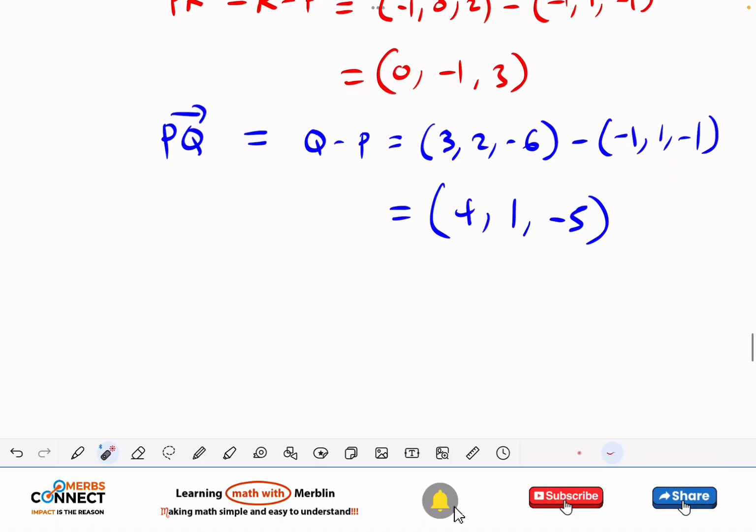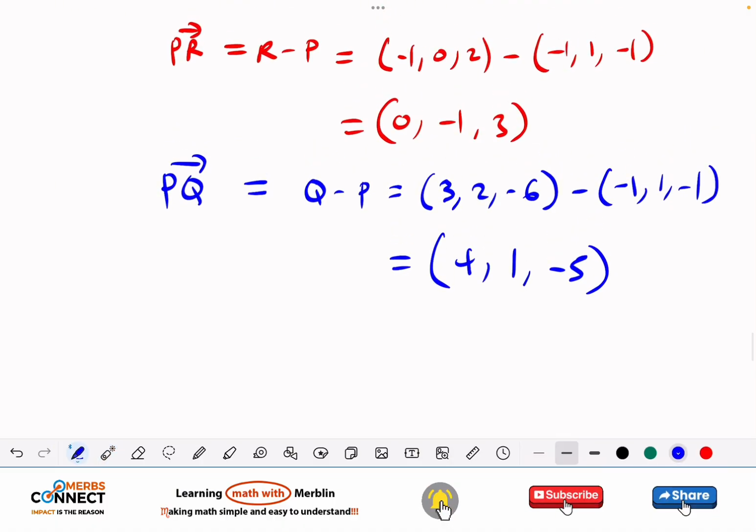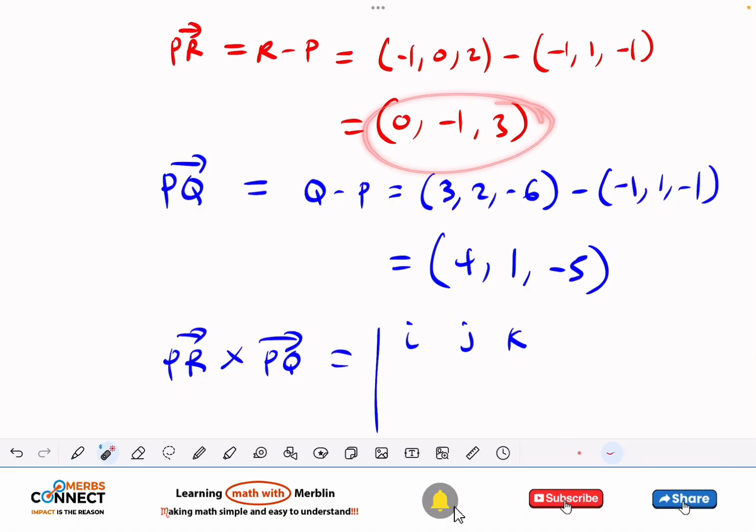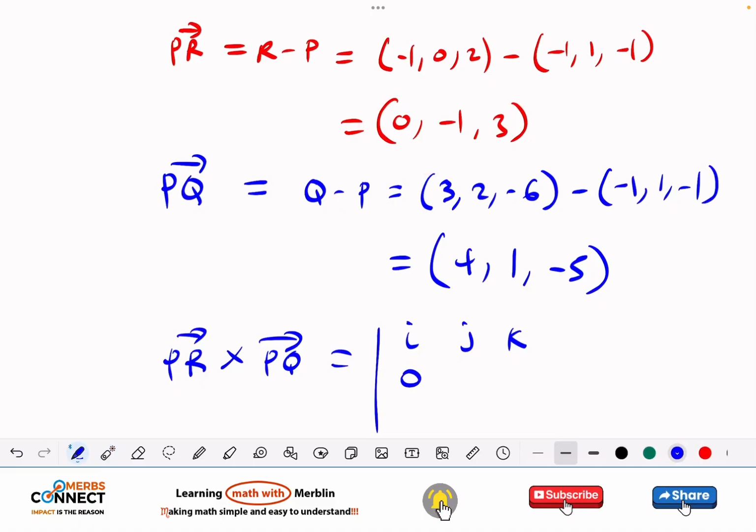So now let's do the cross. Let's do the cross very fast. PR cross PQ. This is going to be i, j, k. So the components for this one are 0, minus 1, 3, and this one is 4, 1, minus 5.